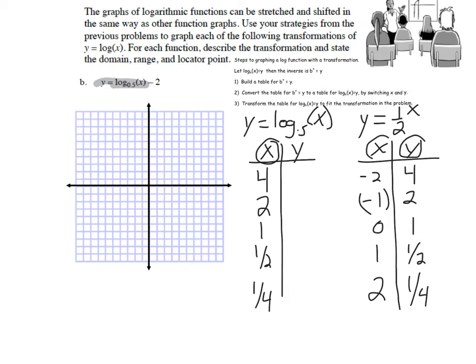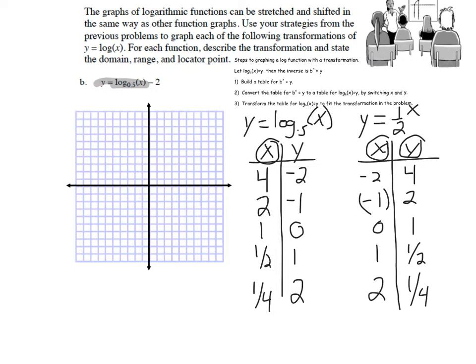The x values for my exponential function become my y values for my logarithmic function. -2, -1, 0, 1, and 2. I'm not going to get into the domain and range for this particular problem.